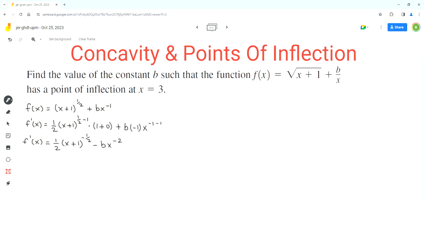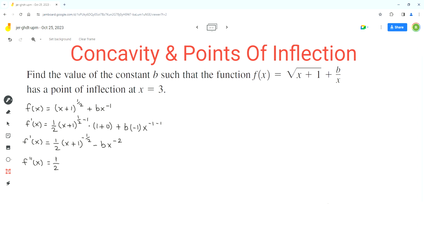Now we can find the second derivative of f of x by finding the derivative of f prime of x. In the first term, 1 over 2 is the coefficient of the term, so it will stay as it is. For x plus 1 exponent -half, we'll have to use the chain rule.